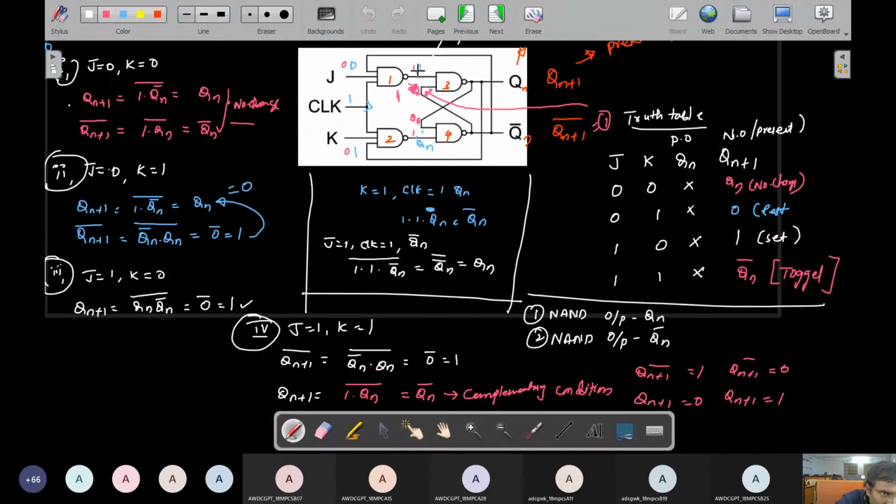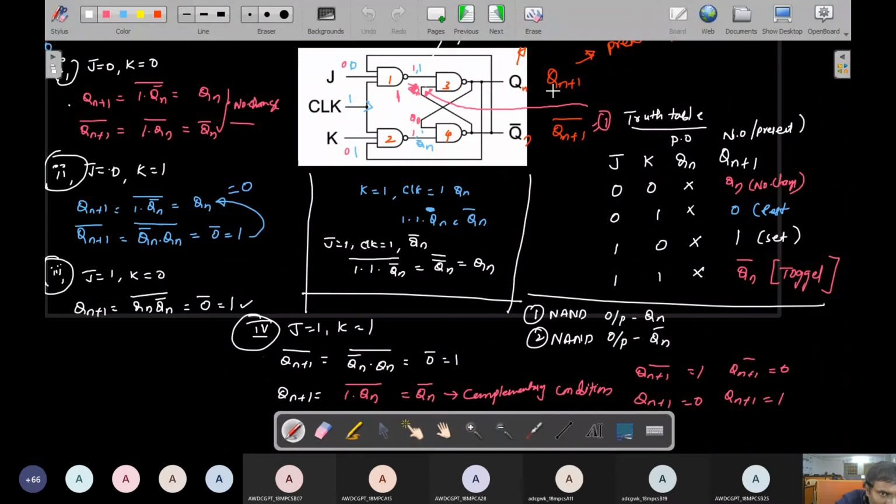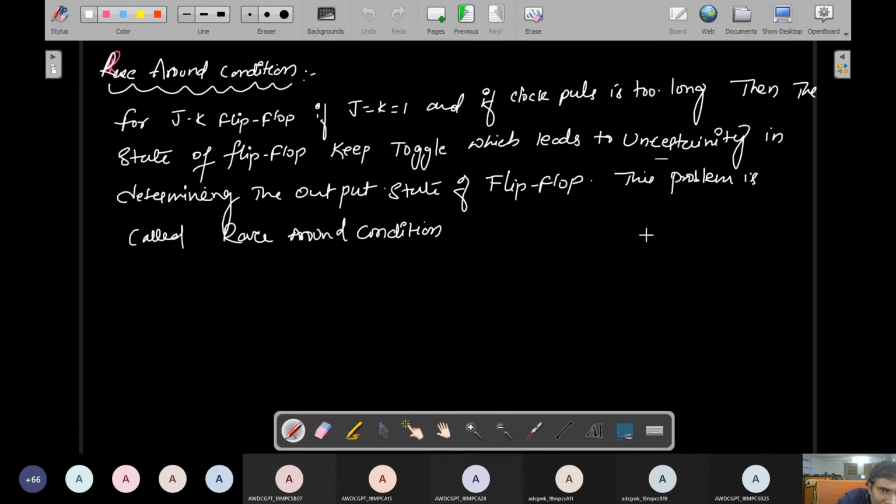The outputs of these two are Q and Q bar, because the first and second NAND gates simply represent Qn and Qn bar. So due to this unknown complementary state, the output will always choose a complementary situation. So for that, I'll write here: Qn plus 1 will give you Qn bar.